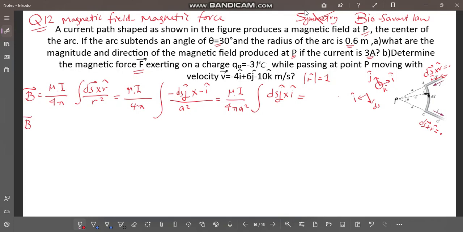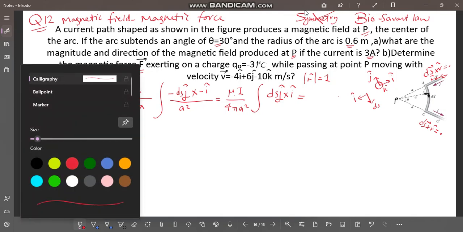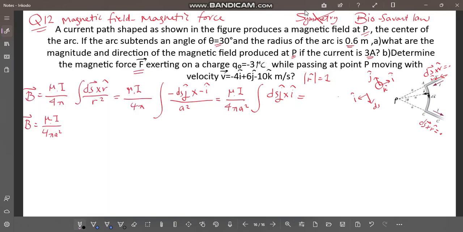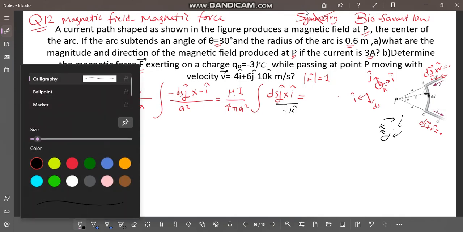and mu 0 I over 4 pi a squared. j hat cross i hat is minus k hat, because you know that i, j, and k have a cyclic permutation. So j cross i is minus k. So let's continue.